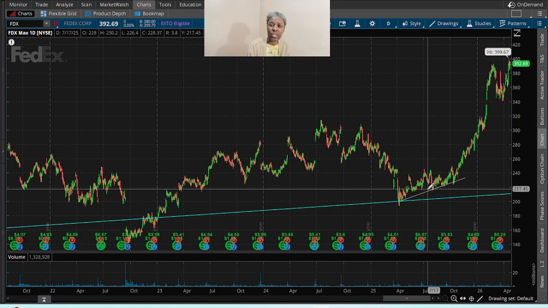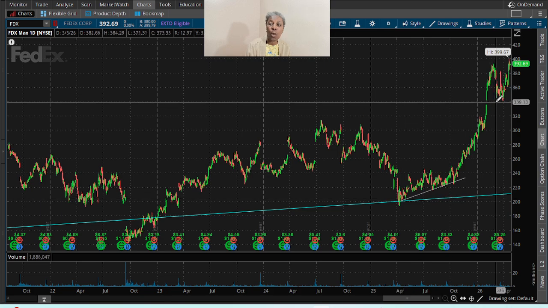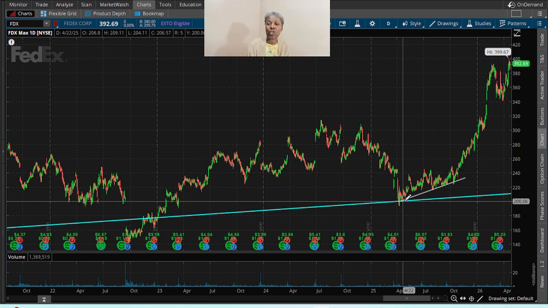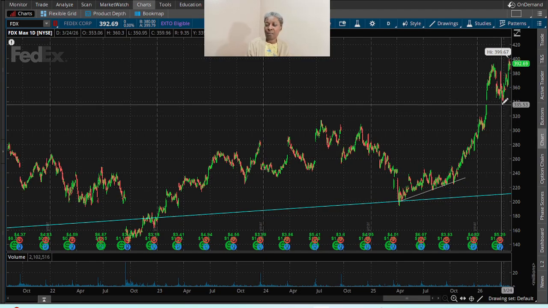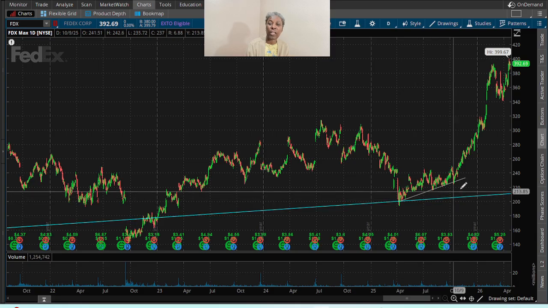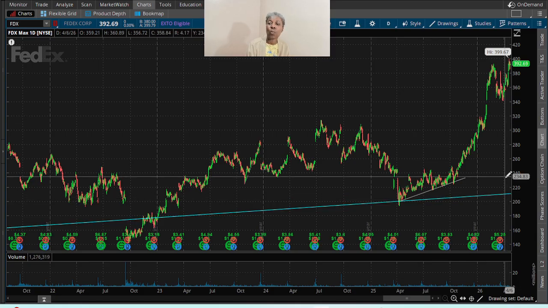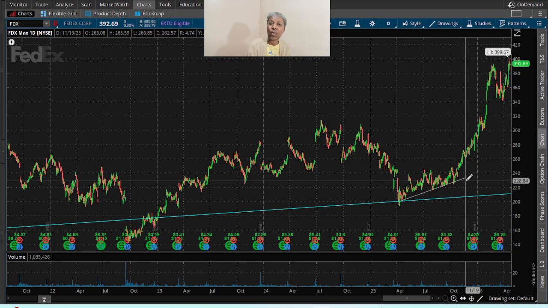So I tend to trace those as well, because sometimes when the stock is going up for more than a year, that support line could look like a valley line, and you have to decide if it just continues to climb the mountain, and at some point will come down lower. So those are the ways I use my support lines.